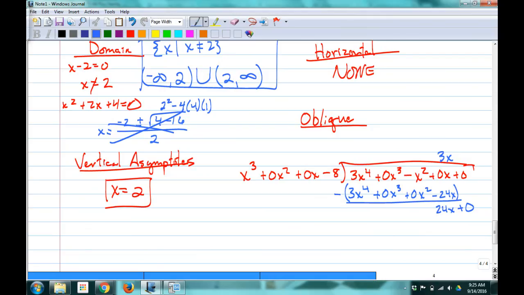What times x cubed is going to get me 24x? Nothing, right? So, hold on. What did I do wrong? 3x to the 4th, 0x cubed, 0x squared, negative 24x. Okay. Yes, that should be negative x squared. That's why it's not working.